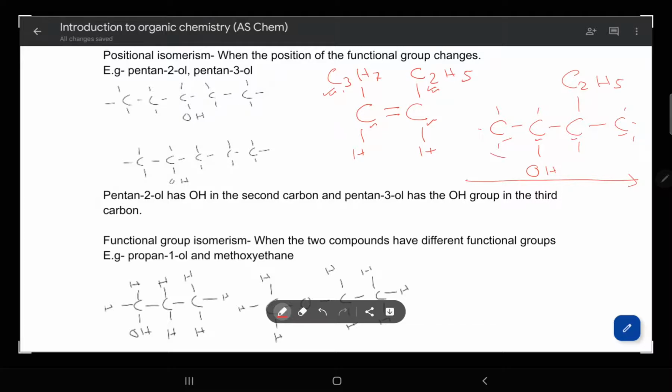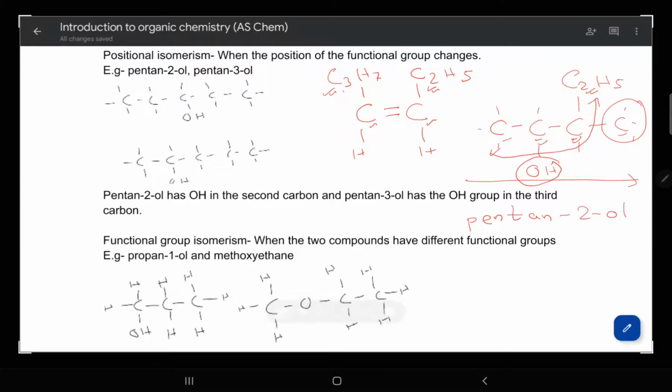We could count it from this side, 1, 2, 3, 4, 5. So the longest chain is a pent. The second carbon has the hydroxide group. So this ends up being called pentan-2-ol. The methyl group is attached to the third carbon. So this ends up being called 3-methylpentan-2-ol.